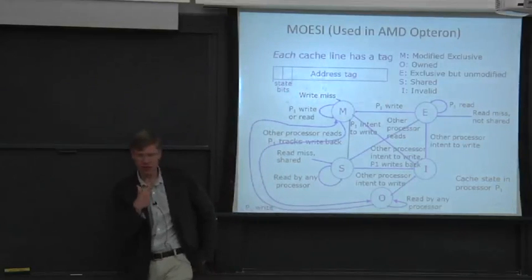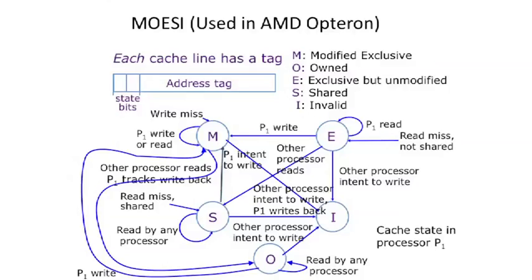OK, so questions about MOESI so far? It's a basic extra optimization, because we can transfer data around, and one cache can have a cache line in the owned state, and later some other cache can have the exact same cache line in the owned state, and it can bounce around without ever having to go out to main memory. And this decreases our bandwidth out to the main memory system.